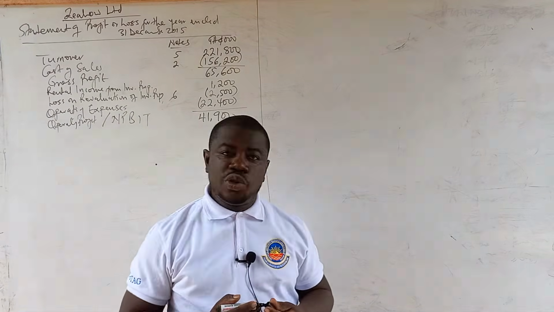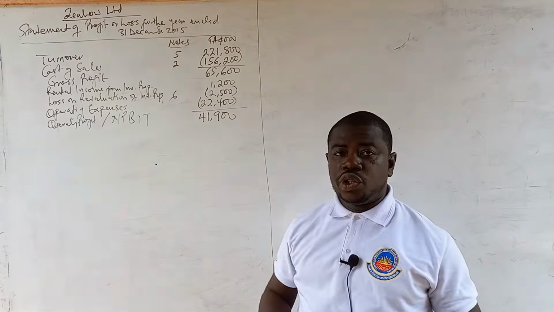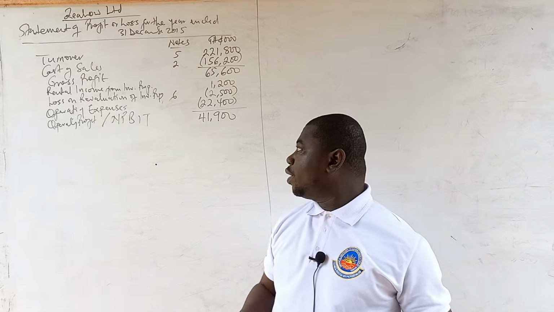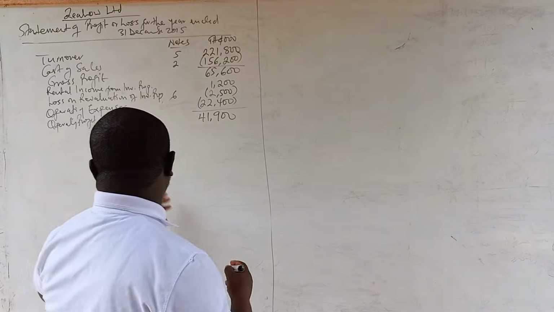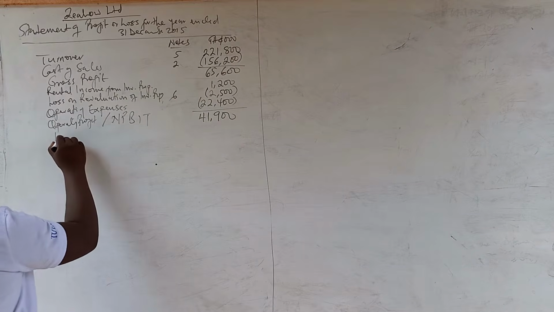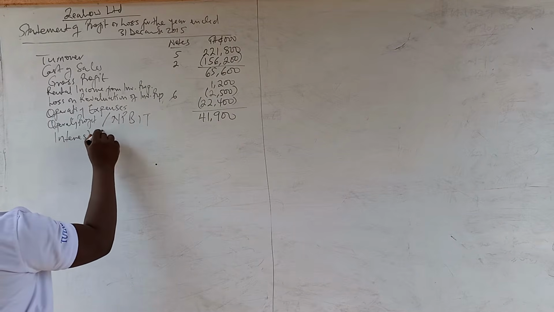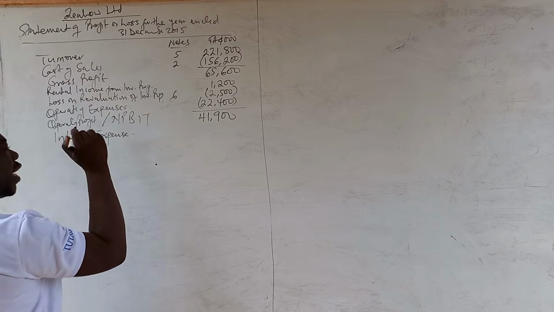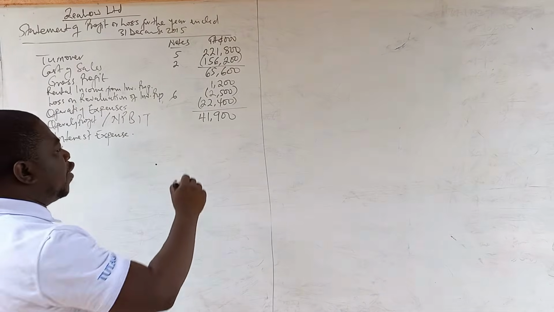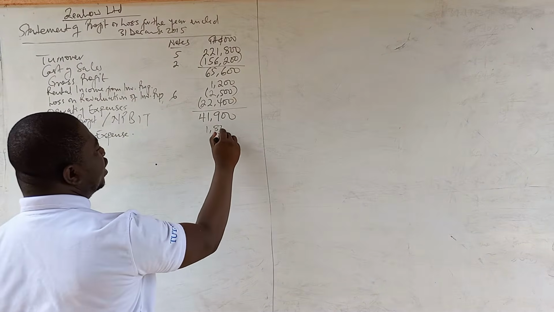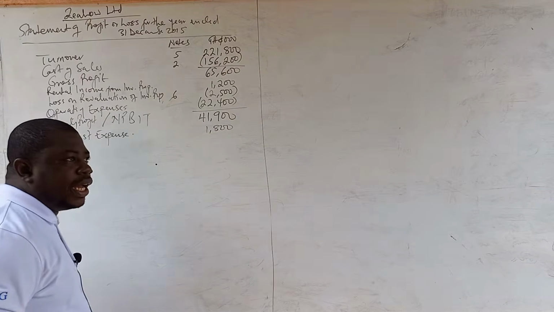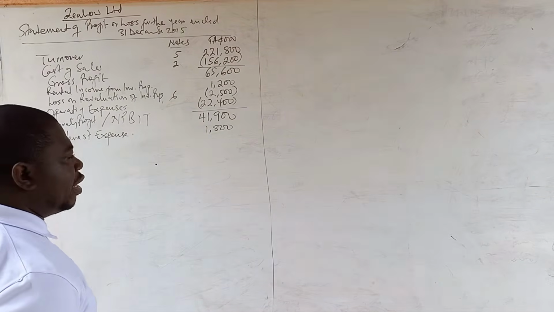So once we do the workings, the work flows in a very speedy way. So we move on. Right after net profit before your interest and tax, you take out the interest expense. Remember that there was workings on this interest expense. The final figure we had was 1,800 after taking out the ordinary share dividend.